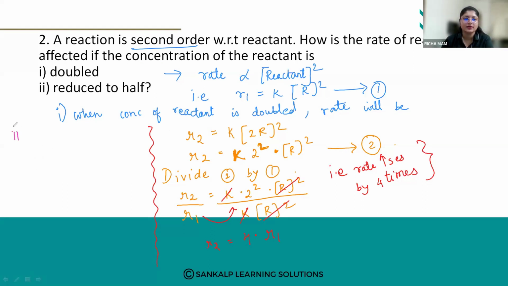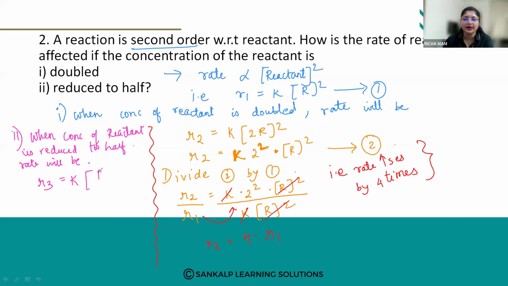So next one, second one. When the concentration of reactant is reduced to half, what will happen to the rate? Let us see. So R3 is equal to K into R by 2 whole square, right?